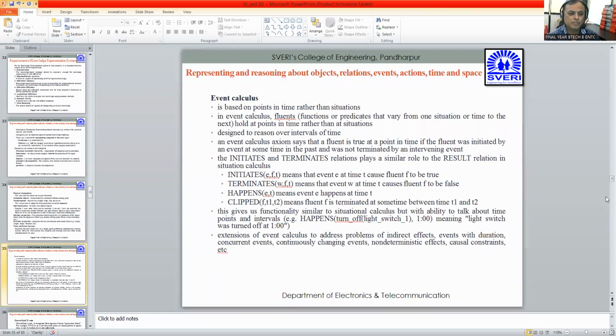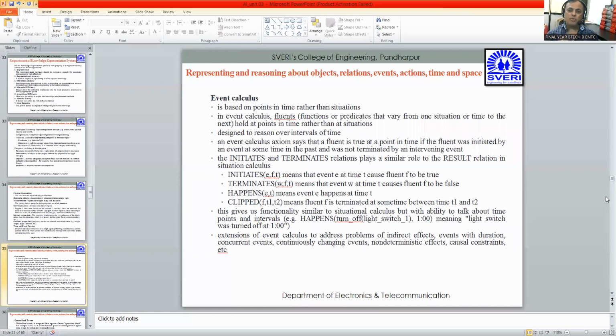Event E at time t causes the fluent F to be false. What is Happens? Happens(E, t) means E is happening at time t. And Clipped(F, t1, t2) means fluent F is terminated at some time between t1 and t2. Now this gives us functionality similar to situation calculus. It is very much similar to situation calculus, which we are going to see.